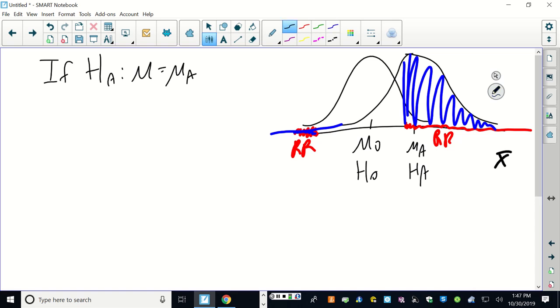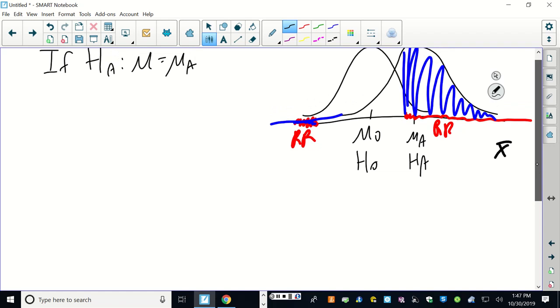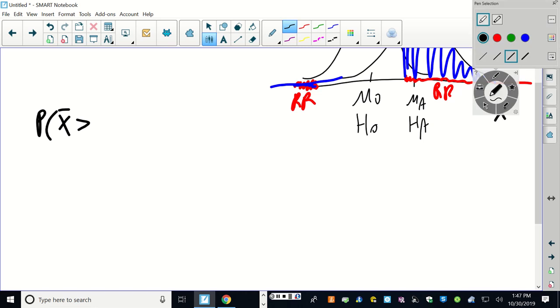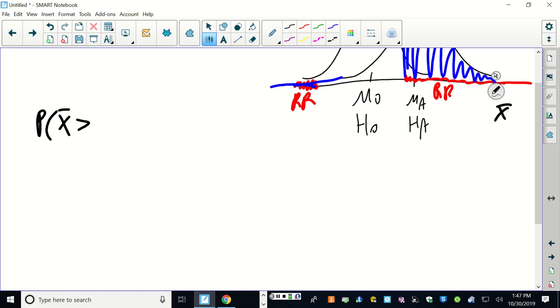So what's the formula for calculating that area? We want the probability that x bar is greater than mu sub 0 plus 1.96 sigma over the square root of n, given that the mean is actually mu sub a.